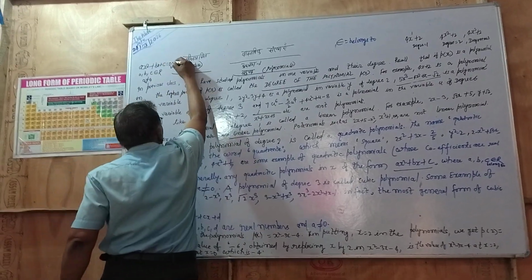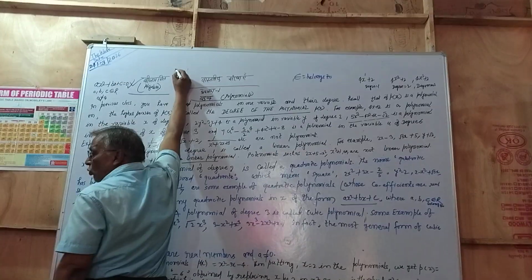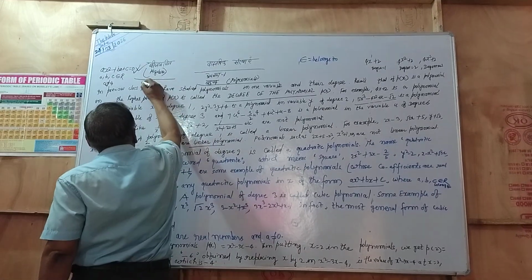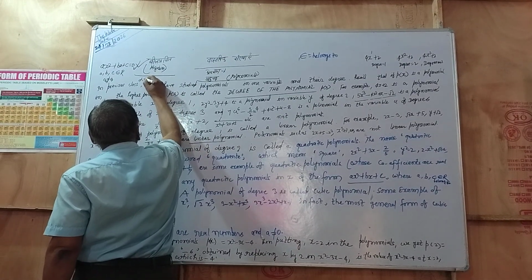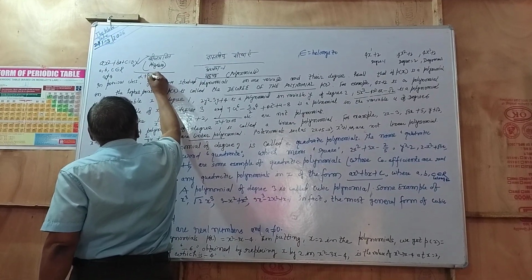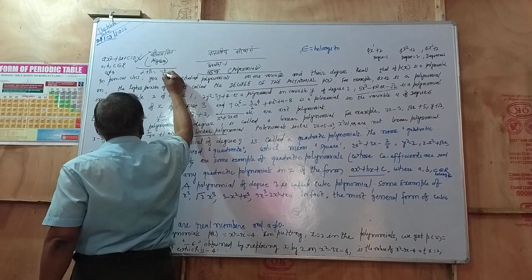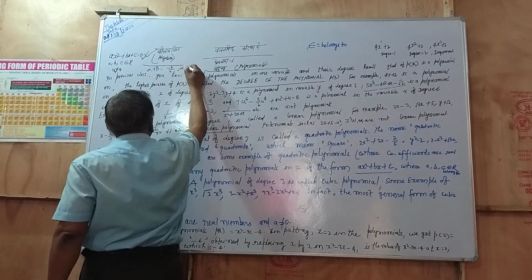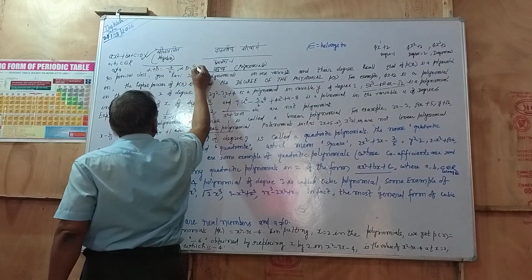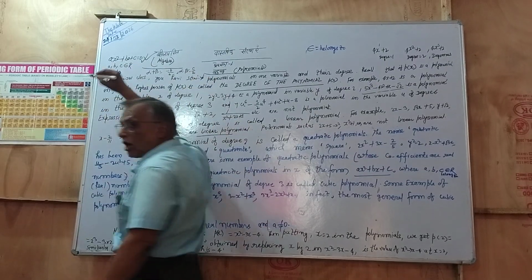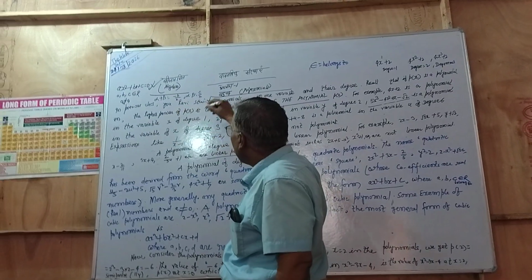If this quadratic expression has two roots, one is alpha and another is beta, then alpha plus beta will be equal to minus b by a, and alpha into beta will be equal to c by a, constant term by a.